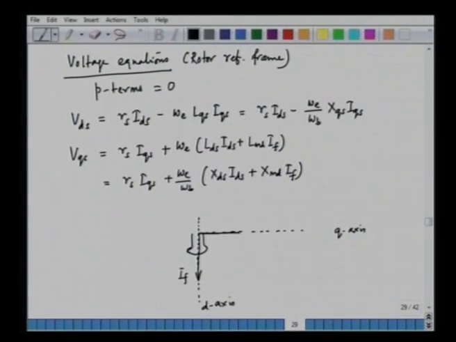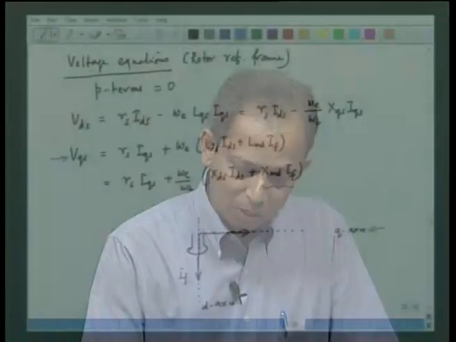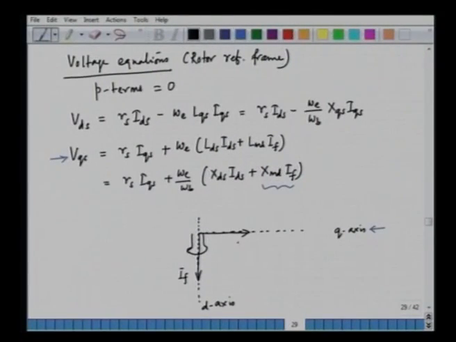In the q axis, if you show this term here, this is basically the q axis equation, and we are representing all the variables in the q axis. So this XMD into If, or LMD into If into omega e, represents the field induced EMF, that is Ef.